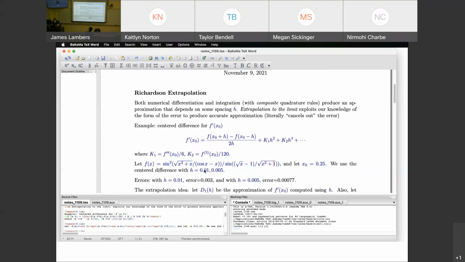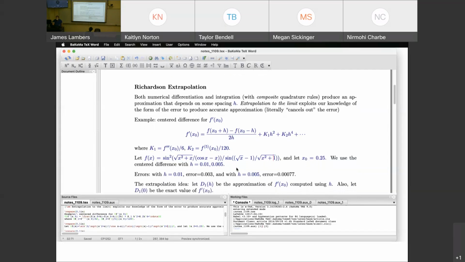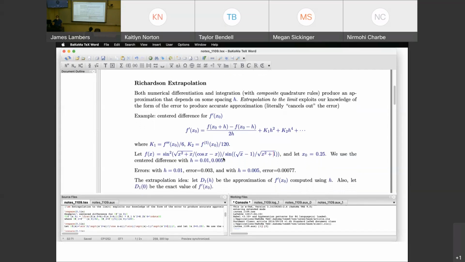So I'm going to use the center difference formula with two different spacings, so 0.01, and then I cut that in half to 0.005. Now, since in this case, of course, I can compute the exact result, if we were to use the center difference for these values of h, here are the errors that we get.